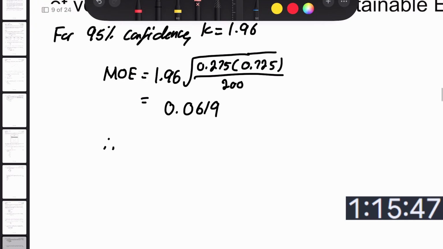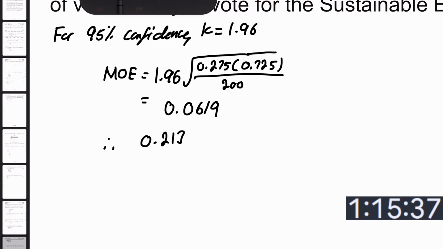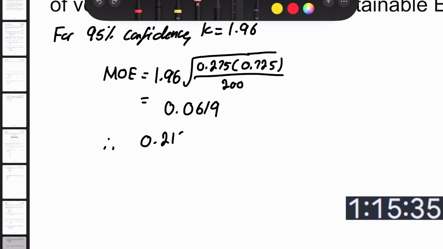Therefore, the lower bound is 0.275 minus 0.0619, which is 0.2131, and the upper bound is 0.3369.